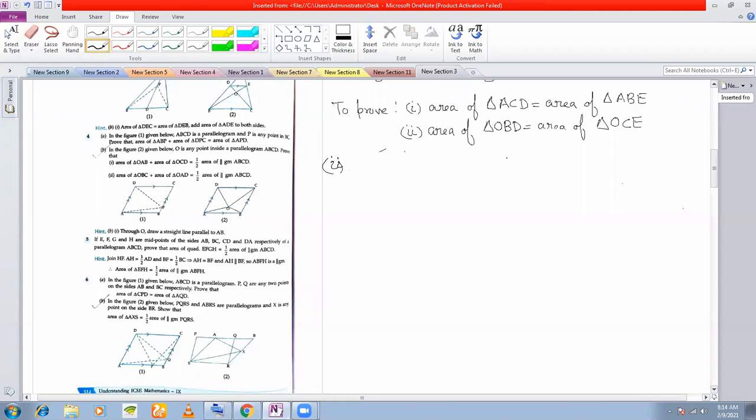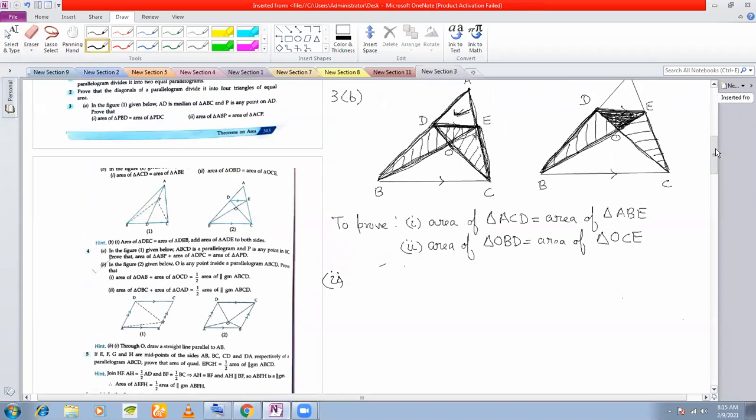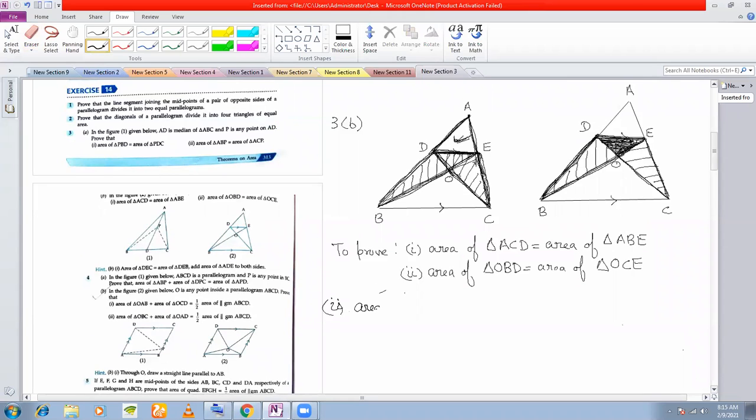Second one. We start again by saying area of triangle DBE is equal to area of triangle DCE. That is because both are triangles. So can we write as proved above?